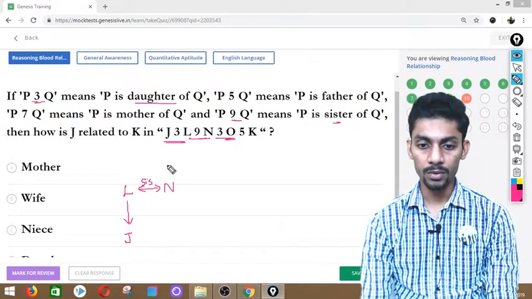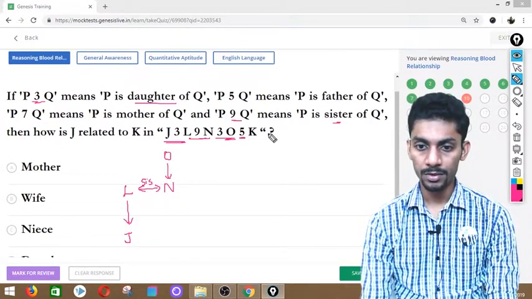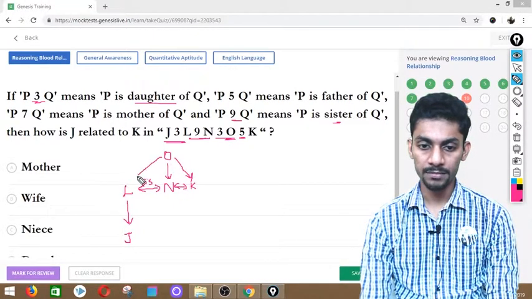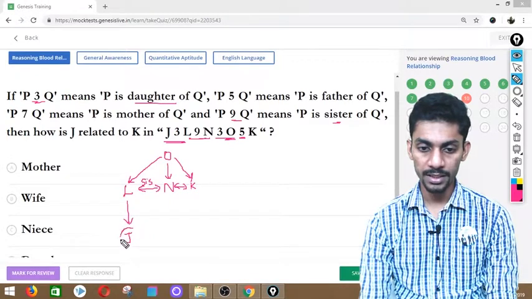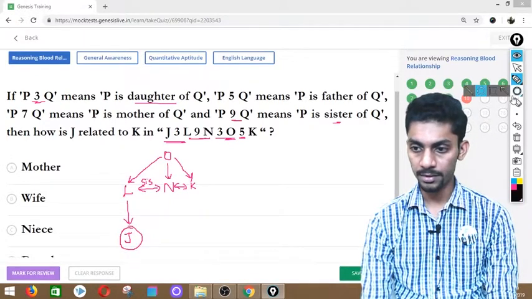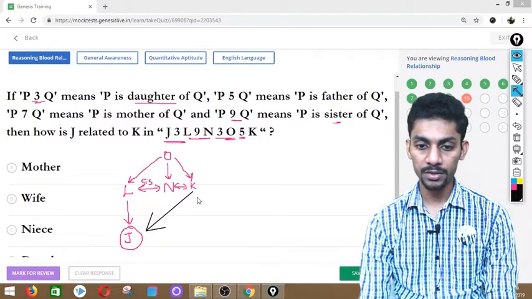N is the daughter of O. Correct? Next, 5 means father. O is the father of K. So all these are siblings. Correct? So what is the question? How is J related to K? That is the question asked.